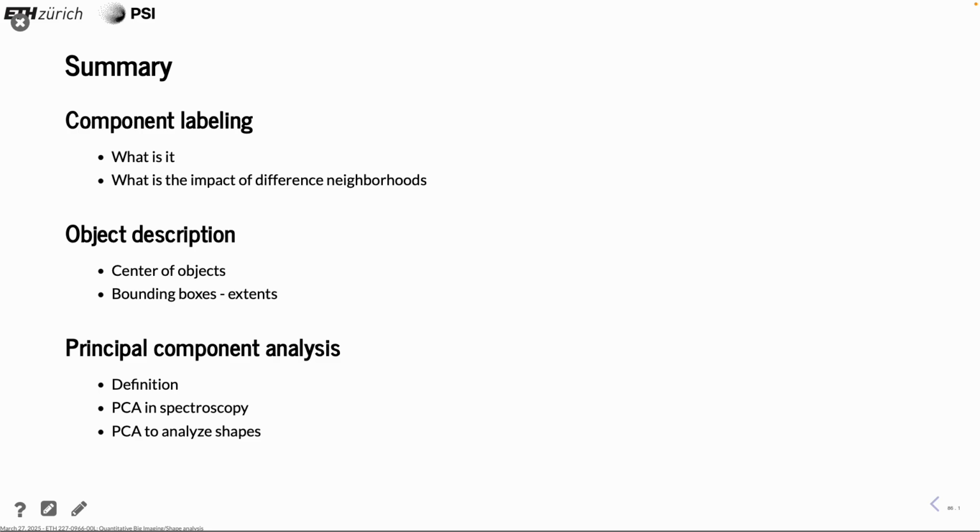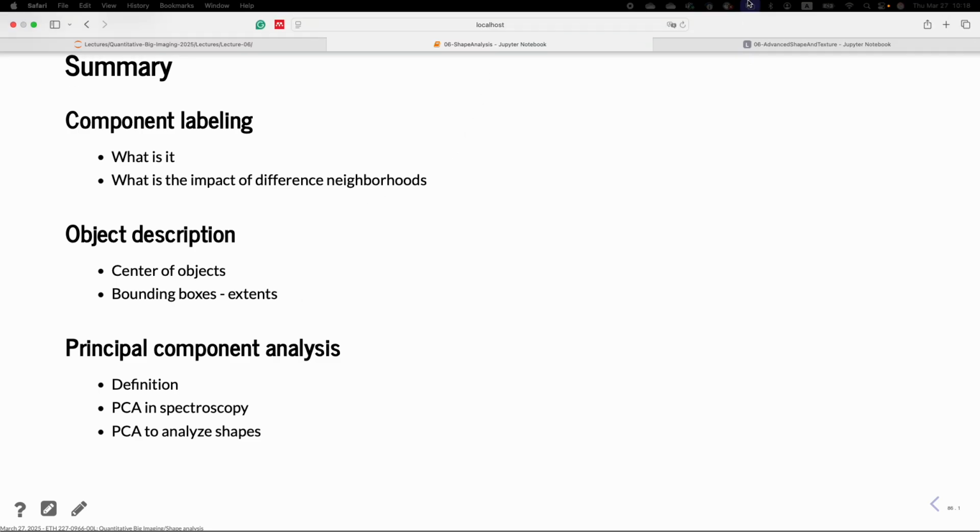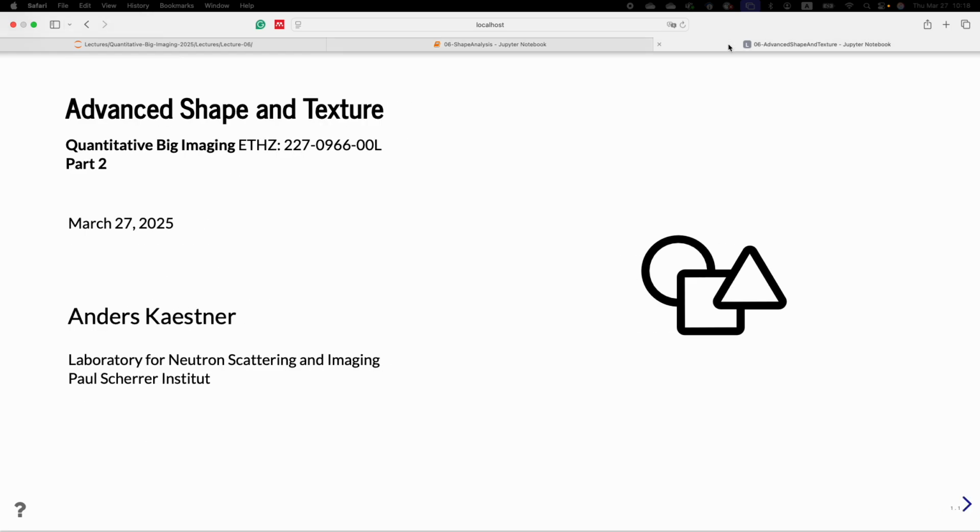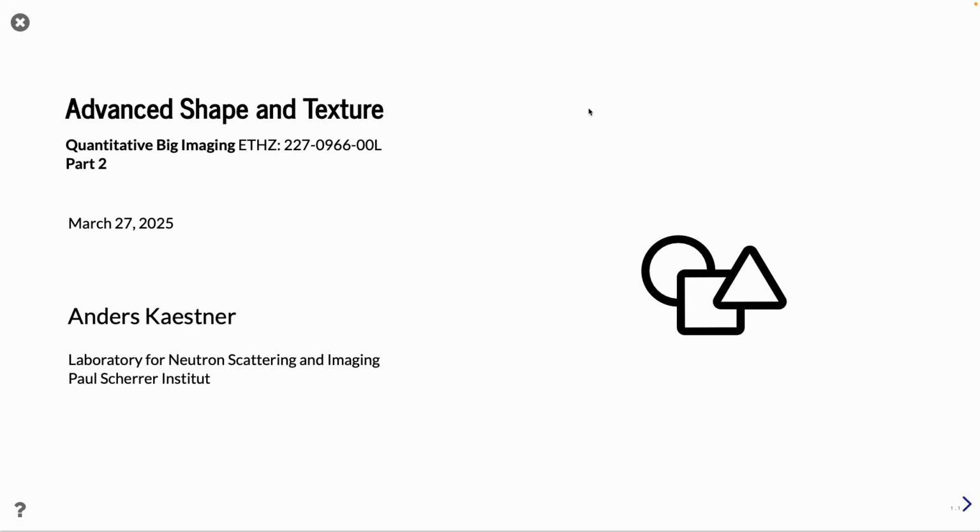So what we have done in this first part is component labeling, identifying our objects. We have described objects, got different object descriptors, and with the help of PCA, we can reduce the data or look at orientations in the data. And then we have the next part, which is this one.